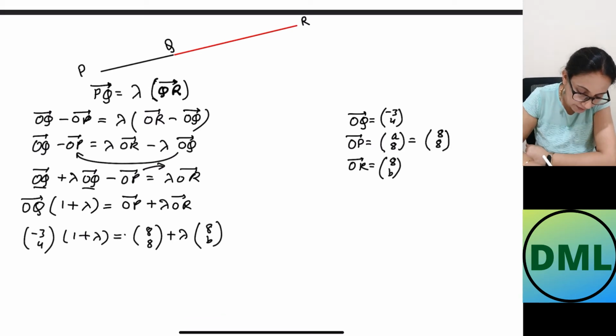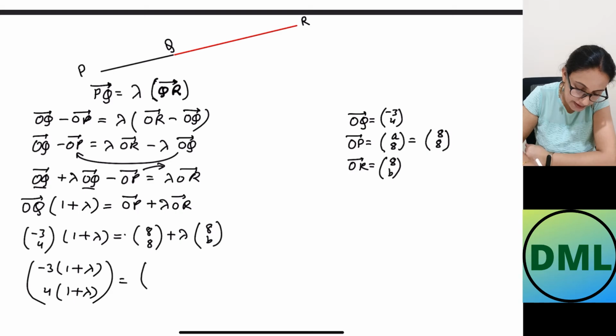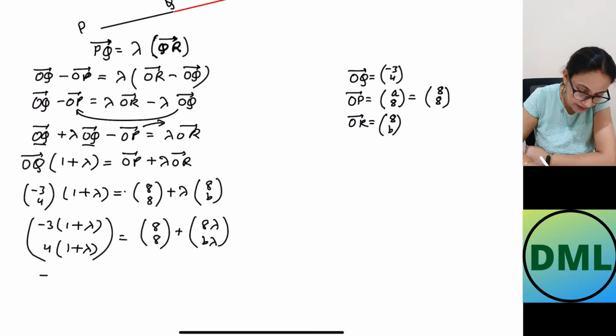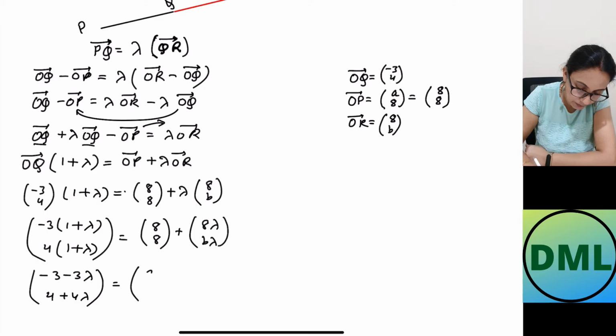Now let's solve it on the left hand side. It will be minus 3 bracket of 1 plus lambda, 4 bracket of 1 plus lambda is equal to 8, 8 plus it will be 8 lambda and it will be B lambda. Now let's solve this here. Minus 3 minus 3 lambda, 4 plus 4 lambda is equal to 8 plus 8 lambda, 8 plus B lambda.